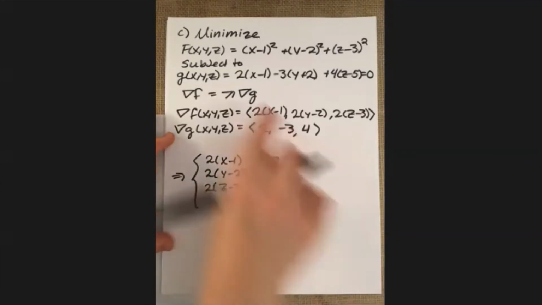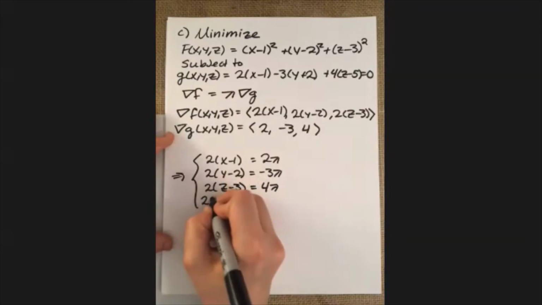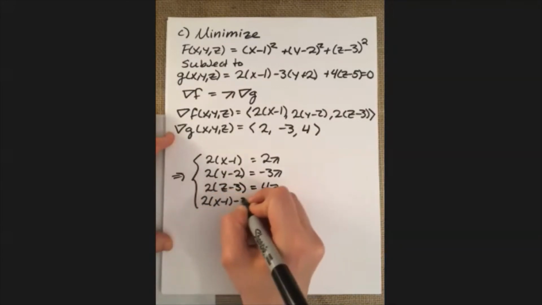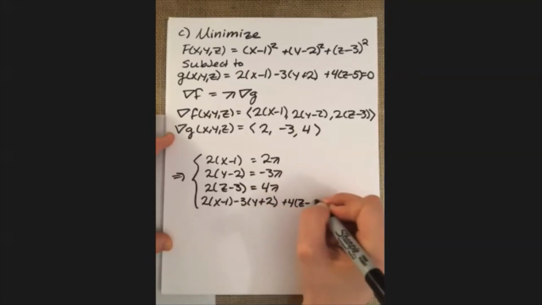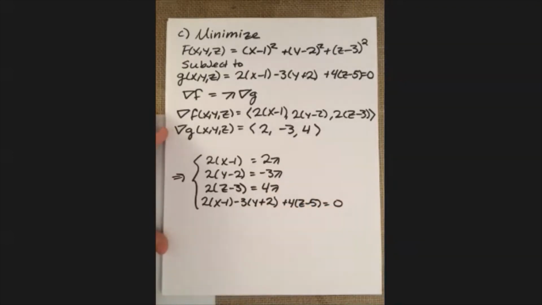And then finally, our last equation comes from the constraint: 2(x - 1) - 3(y + 2) + 4(z - 5) = 0.